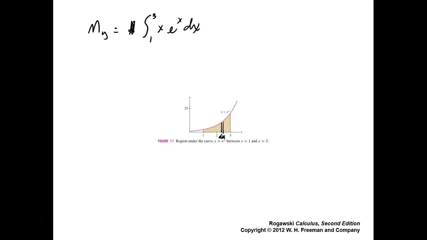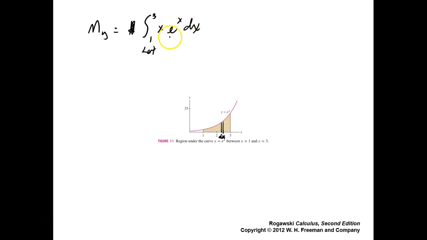I think you've got a product there. Which one of our techniques dealt with a product issue? By parts, exactly.